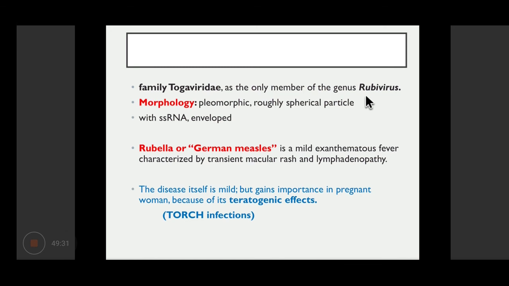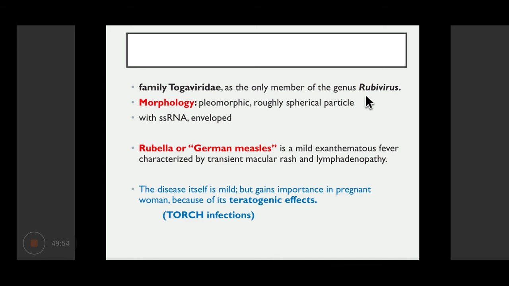The disease it causes is known as German measles, or rubella. It is a mild exanthematous fever characterized by macular rash and lymphadenopathy. But it is not because of these rashes that this disease is important. It is important because of its teratogenic effects.